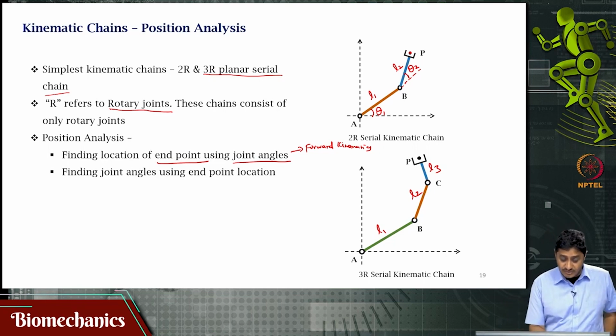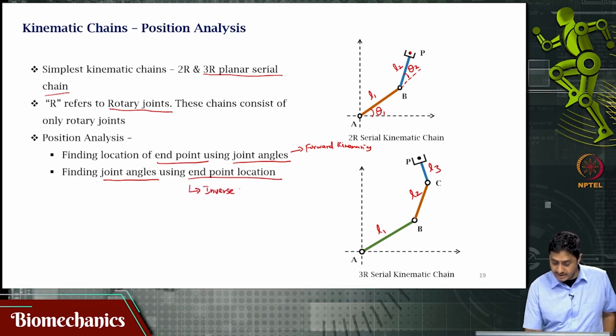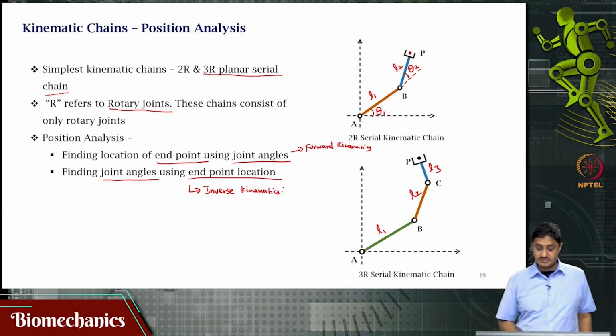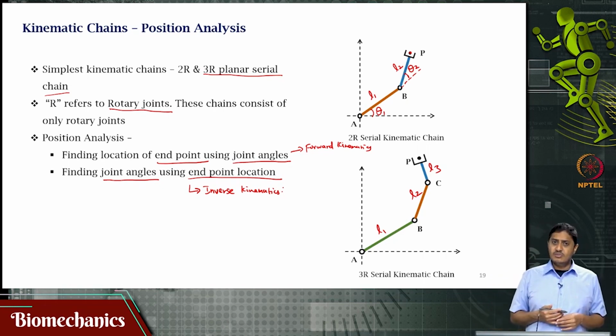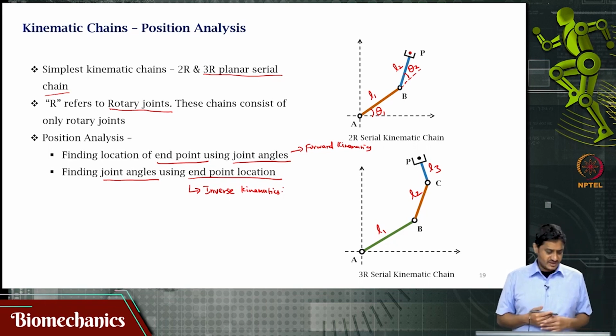Now, if I need to find the joint angles using the end point, this is called inverse kinematics. I know the end point and I want to know the joint angles. It turns out that one is more challenging than the other, and we need to perform the analysis and find out which one and why that is the case.